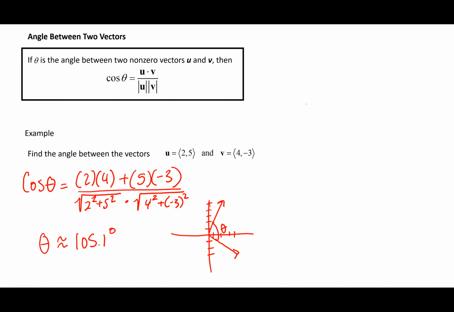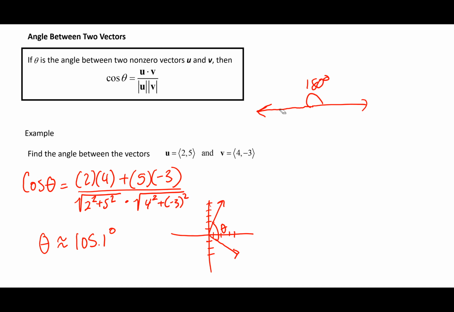You could have the extreme case, two vectors on top of each other, which of course means that the angle between them, if they're going the same direction, is 0. Or you can constantly rotate one of them, which means the angle is going to increase: 0 degrees, 1 degree, 2 degrees, 4 degrees, and so on, until the other extreme case, which is the exact opposite direction, 180 degrees.